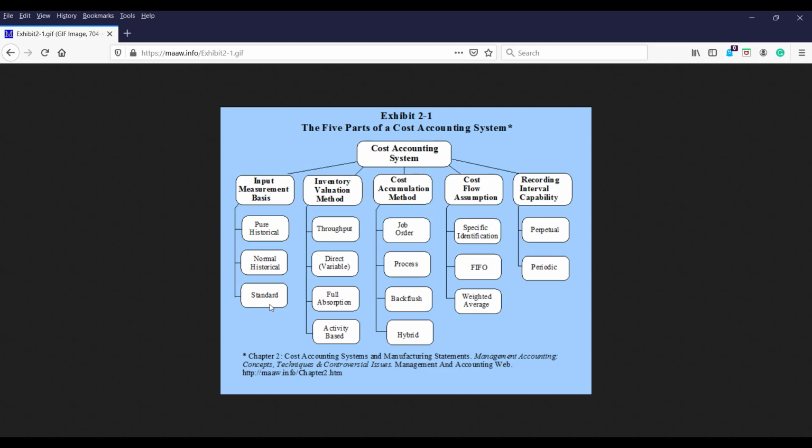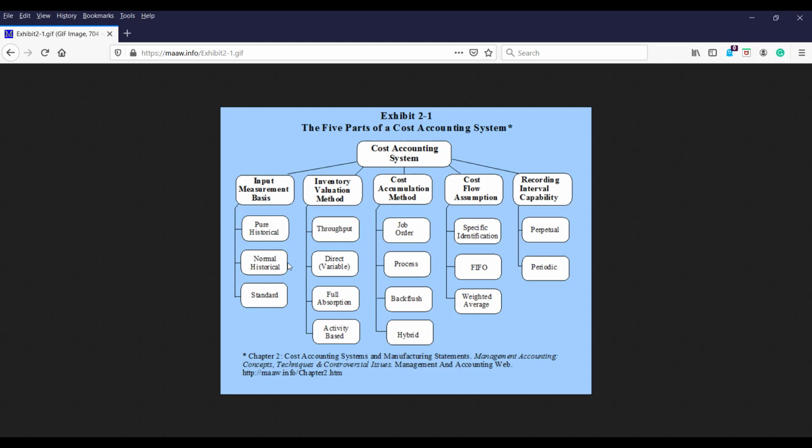We input the measures of our costs on a different basis. We're going to input the measures of our inventory at full standard when it gets to WIP, and therefore downstream to finished goods and cost of goods sold, it'll be full standard, unless you do some sort of adding back in of the variances at some point, which I don't think you would typically do. So here we have our full standard.